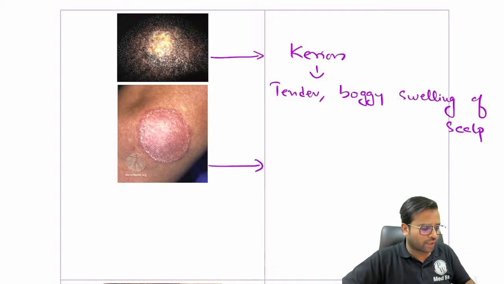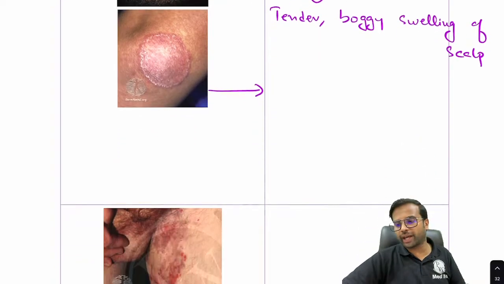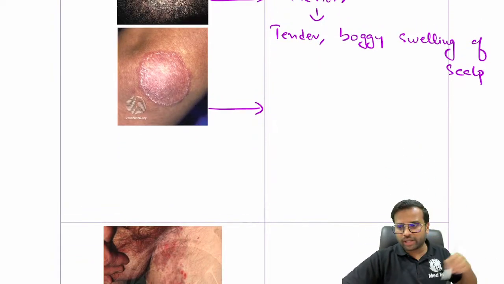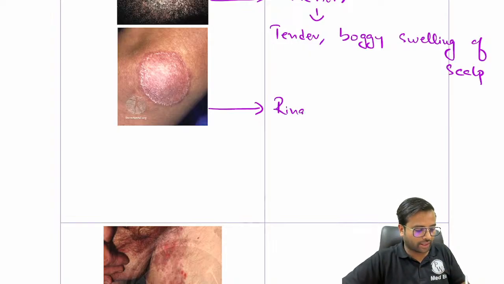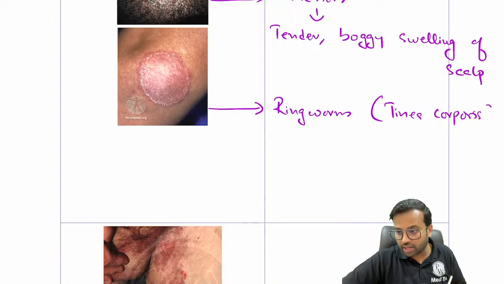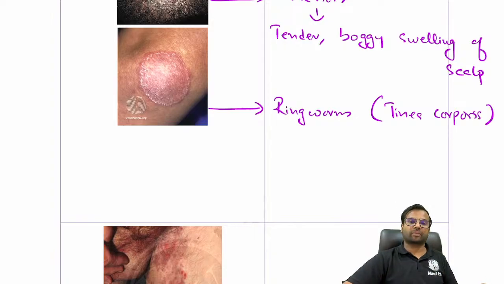And what about this one? What is the spot diagnosis when you see the next one? Yeah, it is a round lesion. Matlab, ringworm comes to our mind, right? So what is the medical terminology for ringworm? That is called tinea corporis.